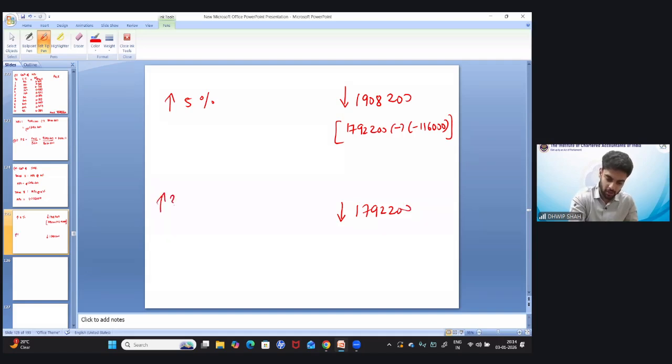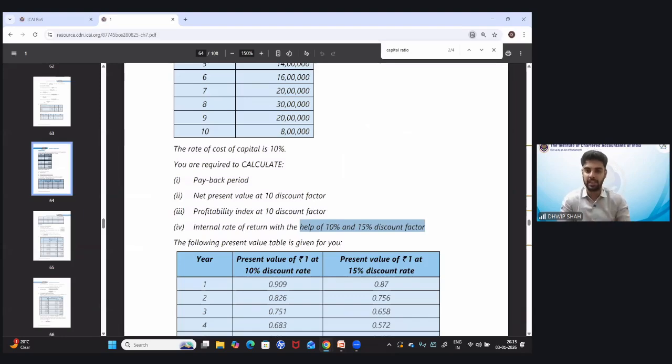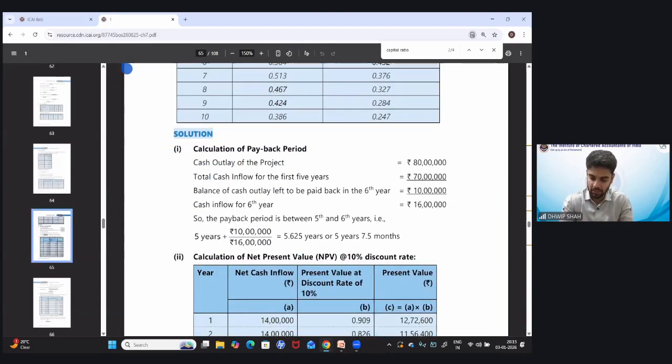So how much percent should I increase my discounting rate? 17, 92, 200 into 5 divided by 19, 08, 200. 4.696. You increase it by 4.696%. ठीक है? So therefore IRR is equal to 10 plus 4.696, 14.70% approx. So at 14.70%, your NPV would be zero.